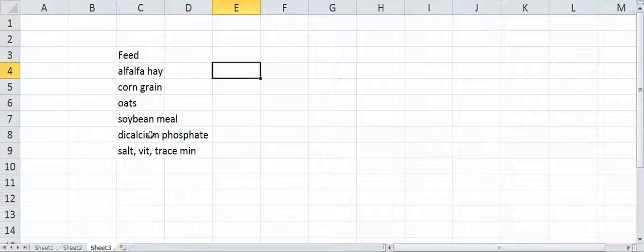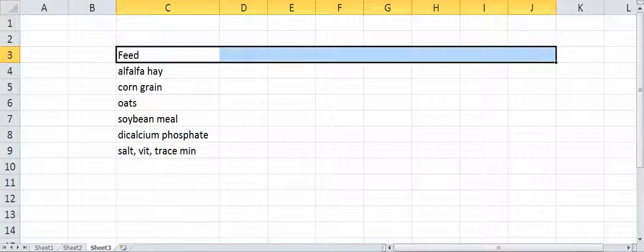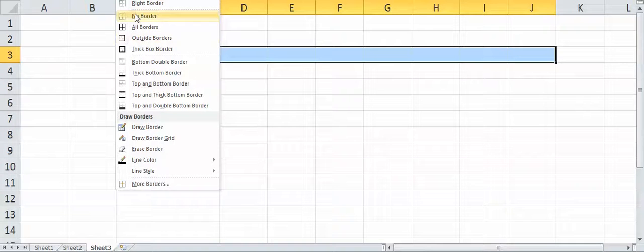Now when I make a column like this and it overflows into the next column, I'm just going to come up here, double click on this column, it makes it bigger. I'm going to underline, by the way, my headings.